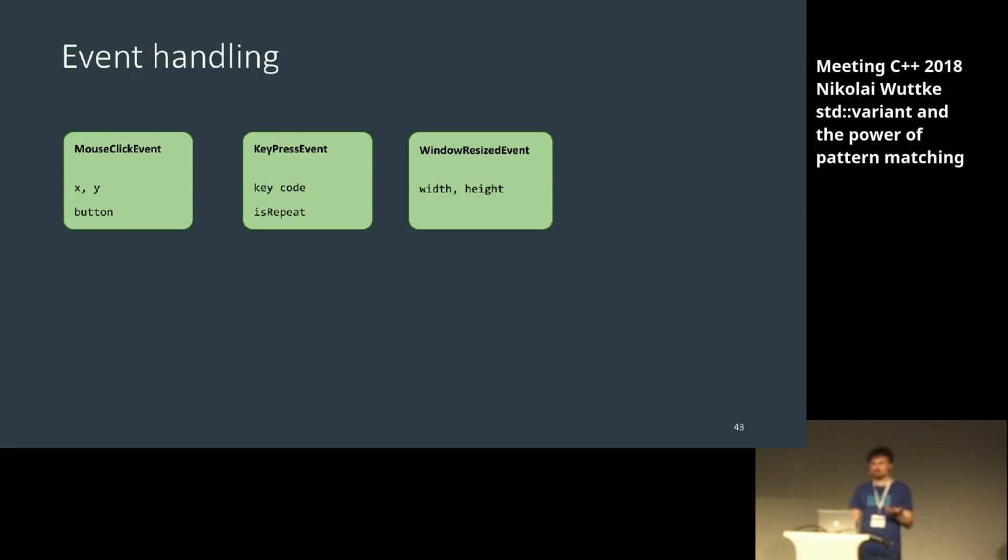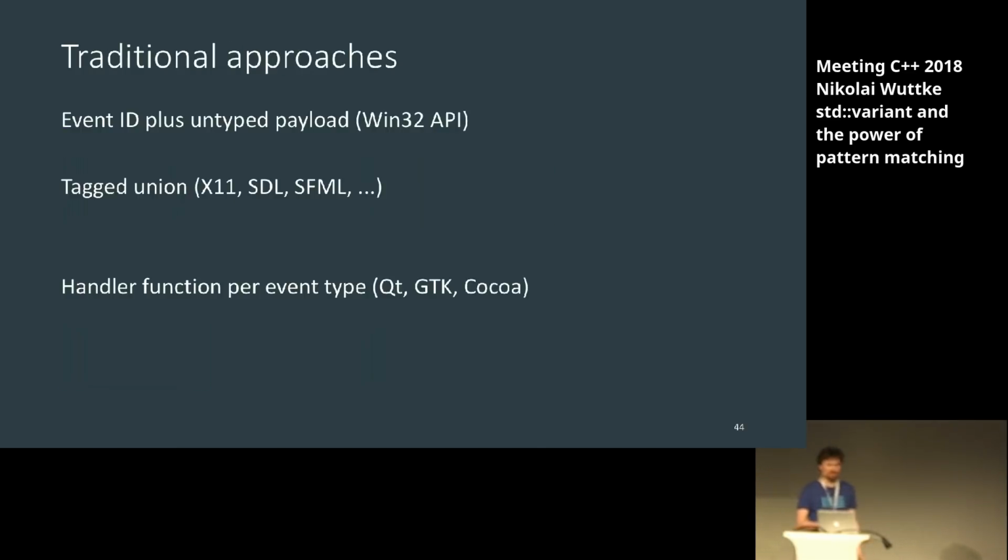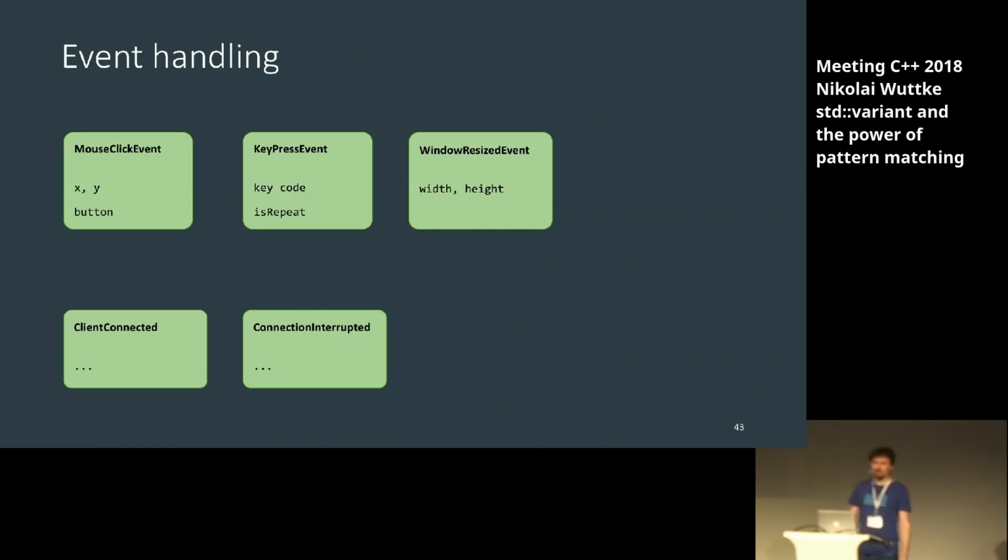And this way you can make sure that you have the right information only as part of the types that represent specific events. And so this is operating system interaction, but you can also use event handling internally in your application. So maybe if you're writing some kind of server, maybe you have events like a client connected, a connection got interrupted, things like this.